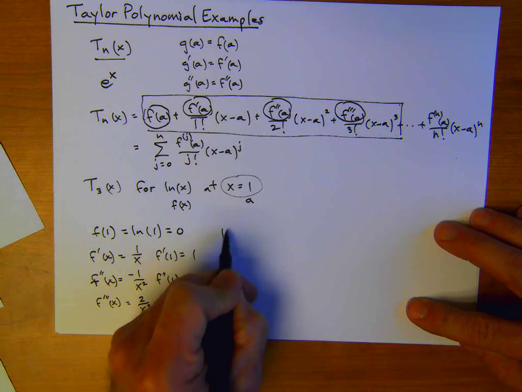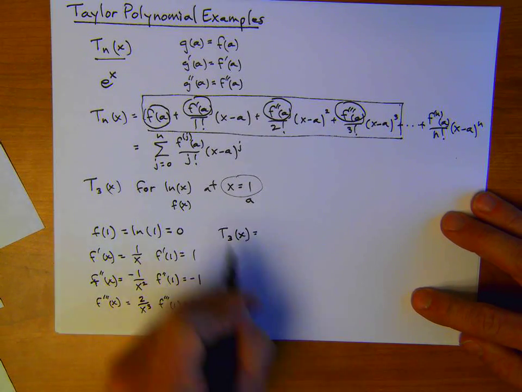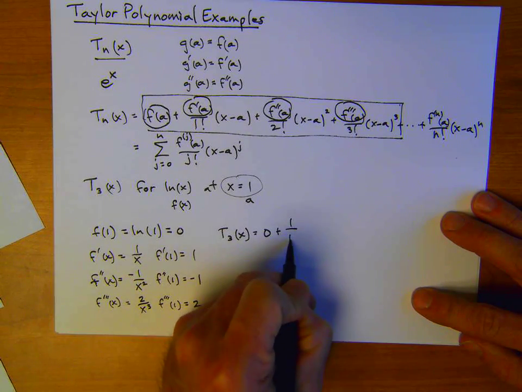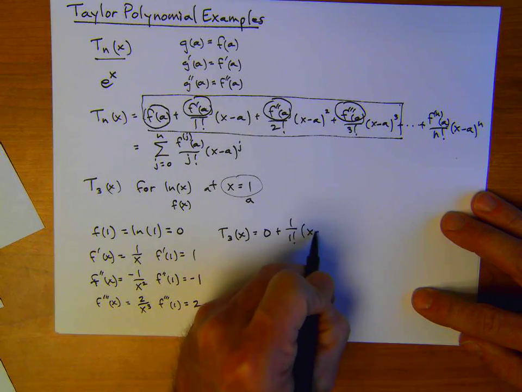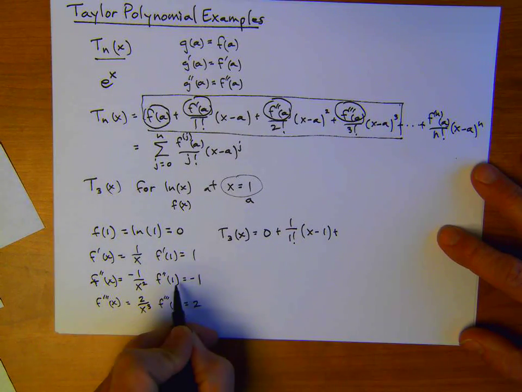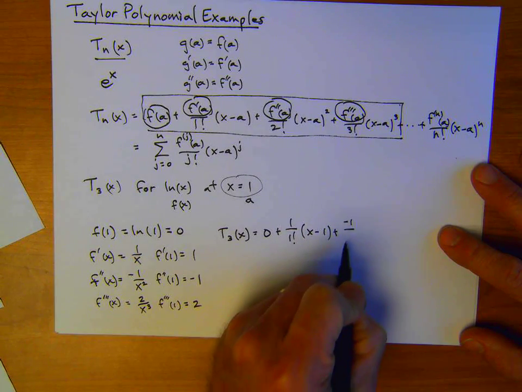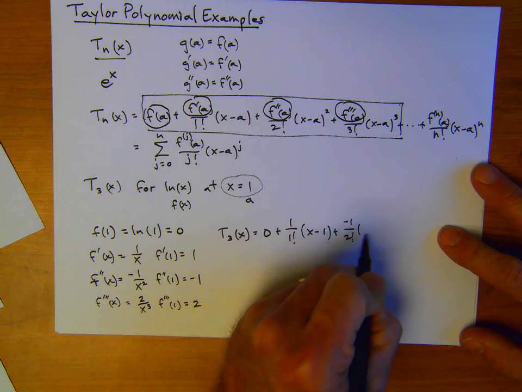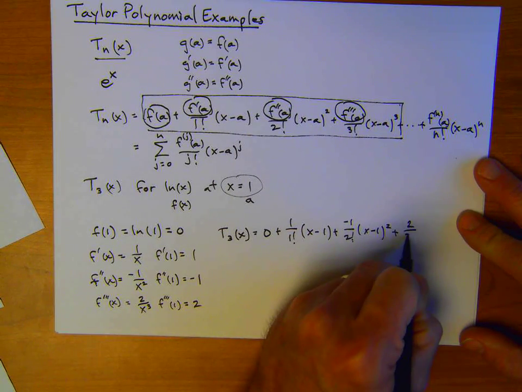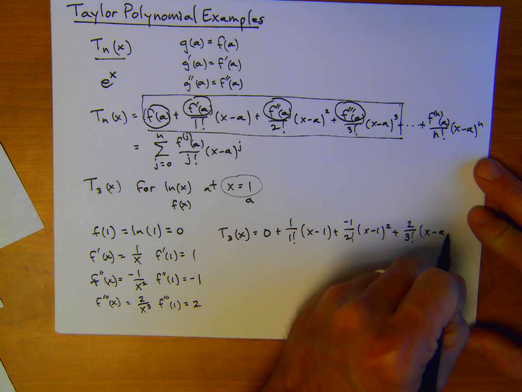So T3 of x, first we're going to have 0 plus 1 over 1 factorial times x minus 1, because that's my a value, plus the second derivative evaluated, so that's negative 1 over 2 factorial times x minus 1 squared, plus 2 over 3 factorial times x minus 1 cubed.